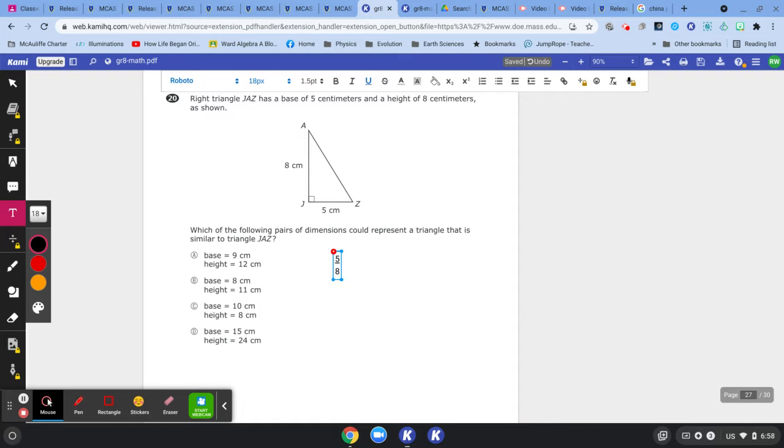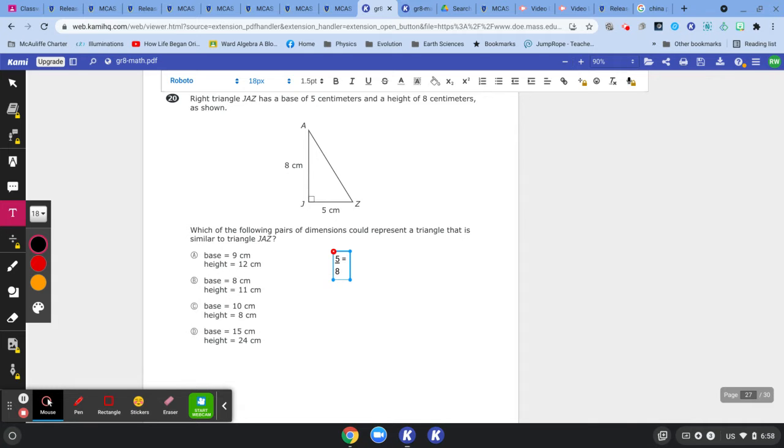Now what we need to do is work out what proportion in here actually matches that. All right, so 5 to 8 is about 62.5%, 0.625. 9 to 12 is the same as 3/4. And 3/4, if we made that into eighths, would be 6/8. So that doesn't work.